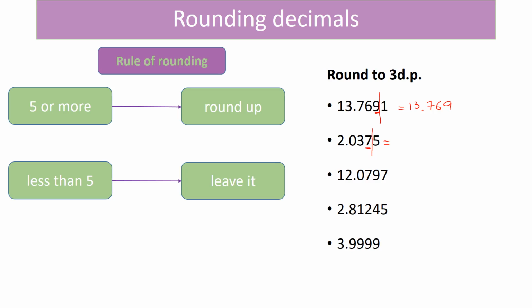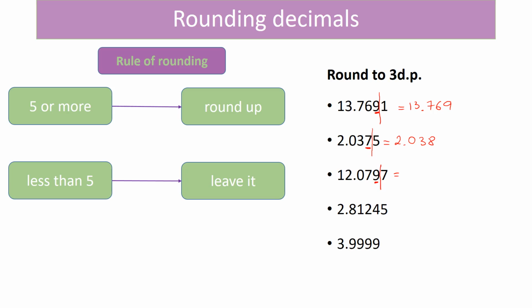And then the next one, 7 is the third decimal place. I've got 5 after that. When I have 5 or more, I need to round up. So that means I have to round 7 up, which now becomes 8. In the next one, 9 is the third decimal place. So I need to look at 7.